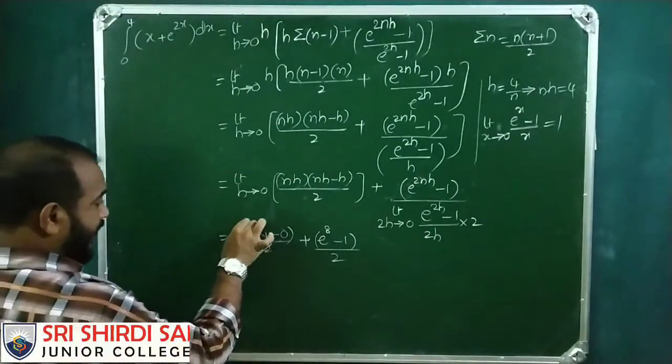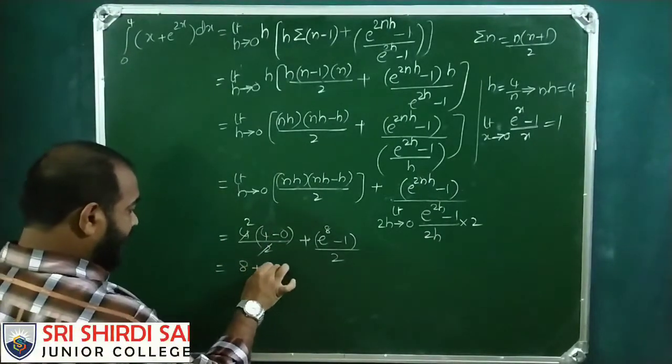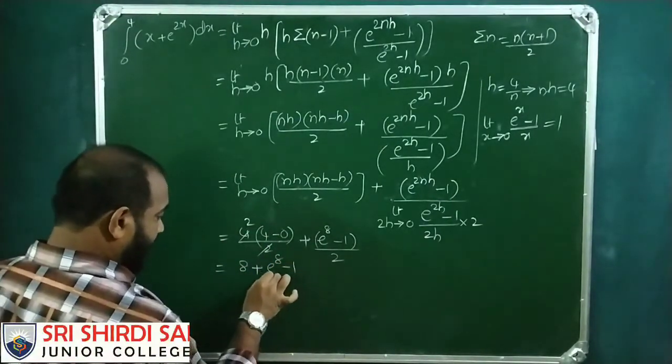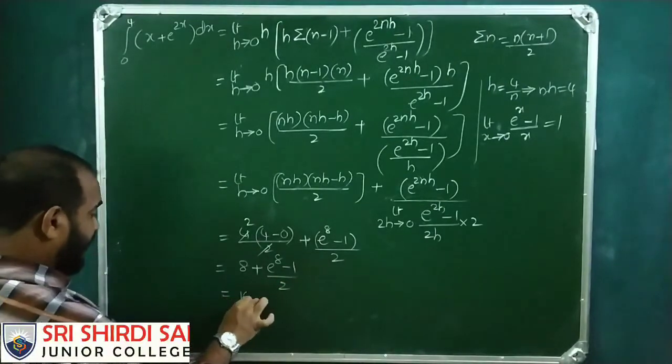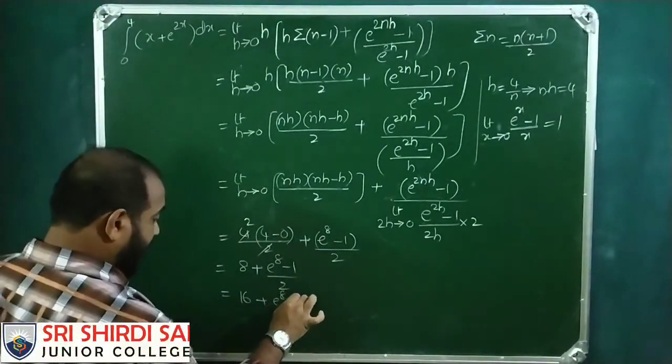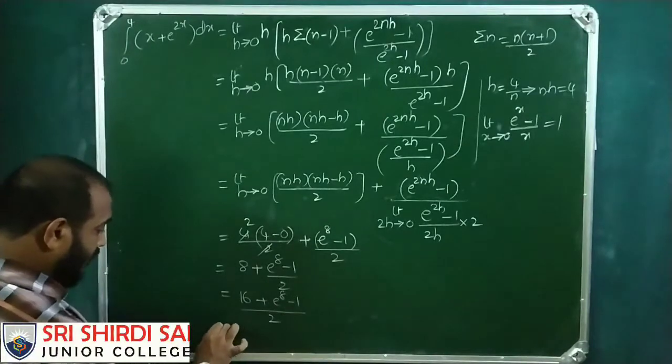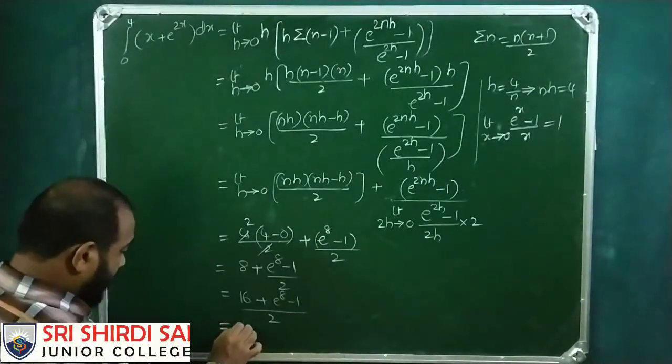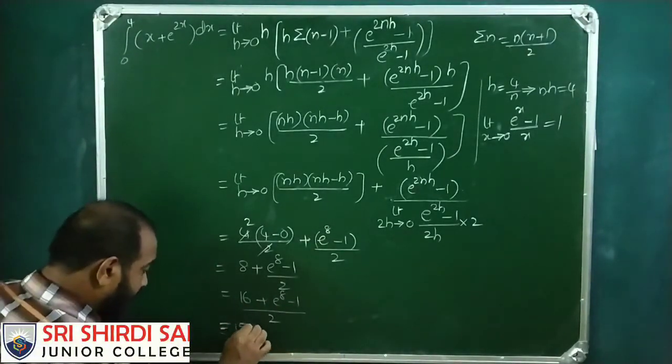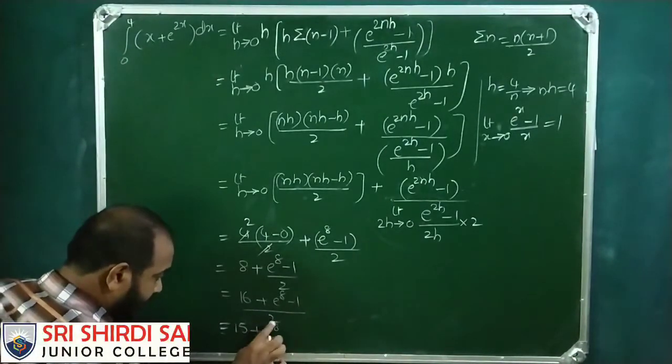So 2 times 2 fours are 8, e^8 minus 1 by 2, 2 eights are 16 plus (e^8 minus 1) by 2. Answer is 16 minus 1, so 15 plus e^8 by 2.